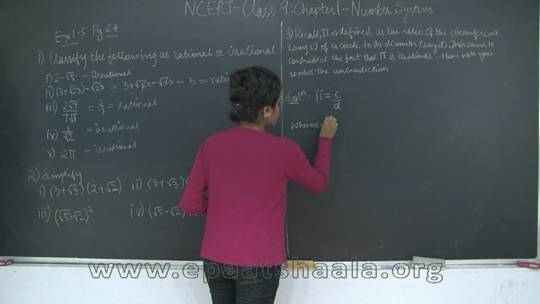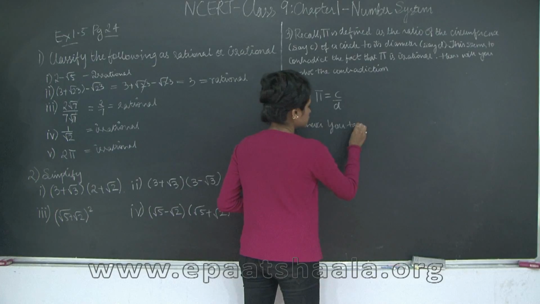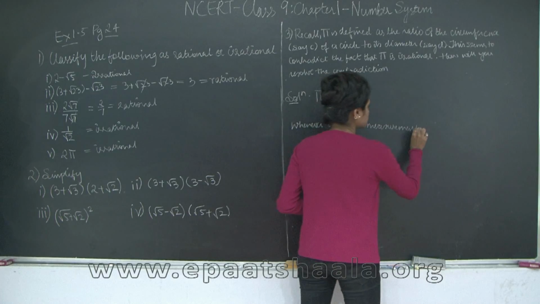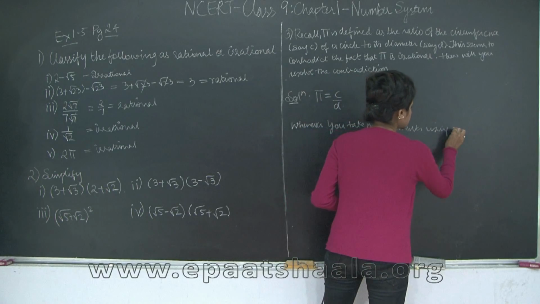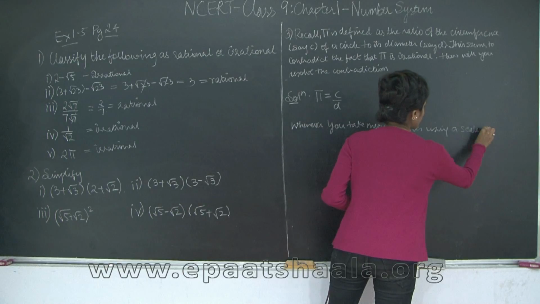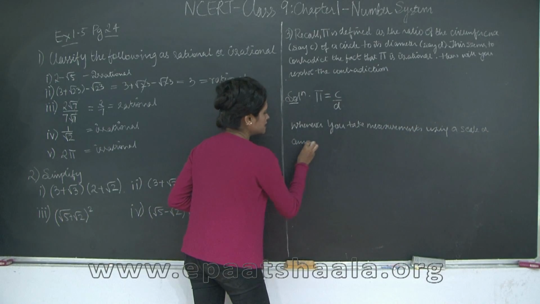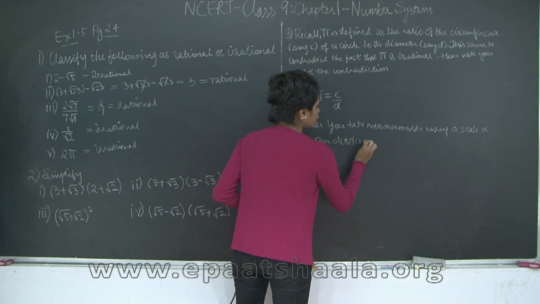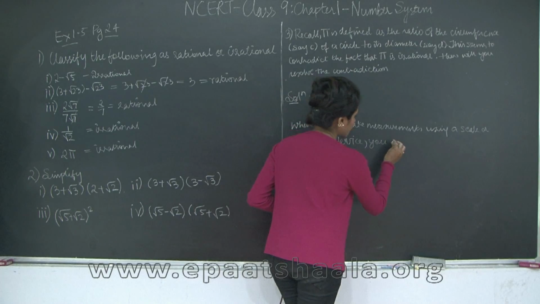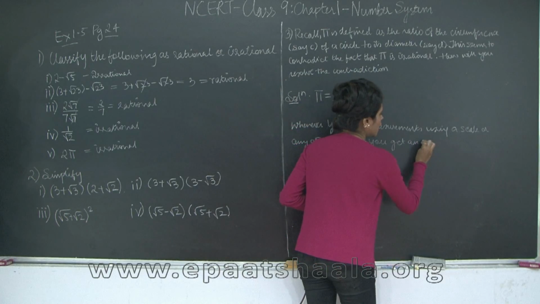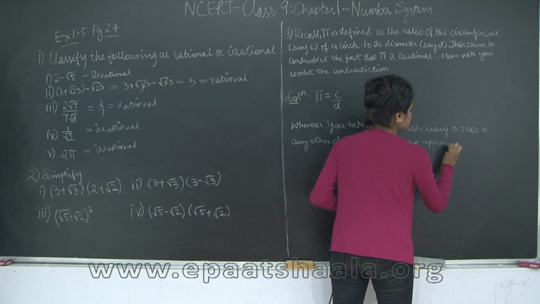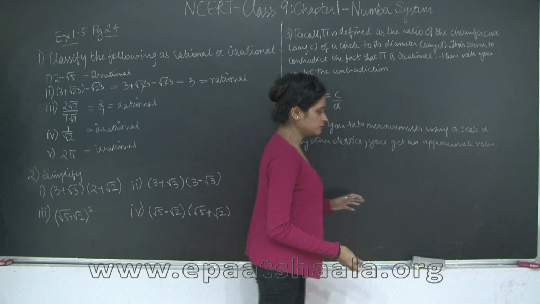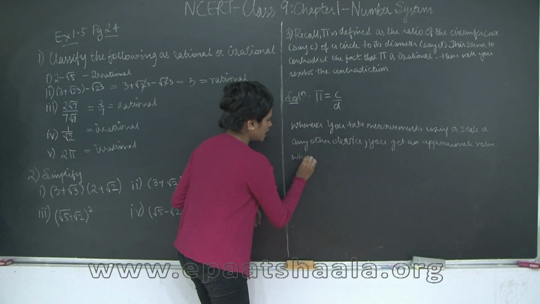Whenever you take measurements using a scale or any other device, you get an approximate value. And this value is a rational number.